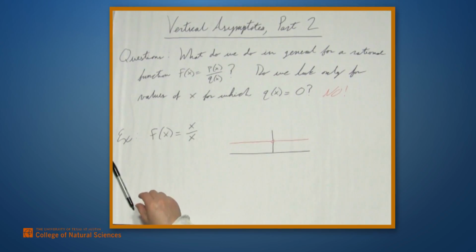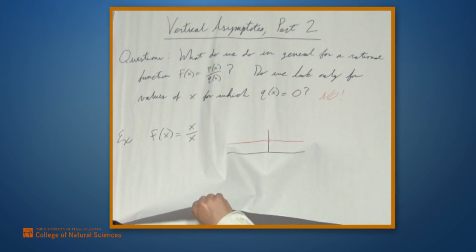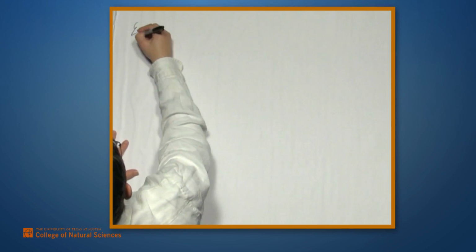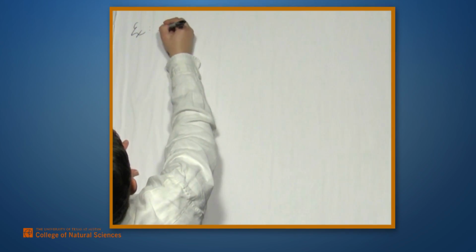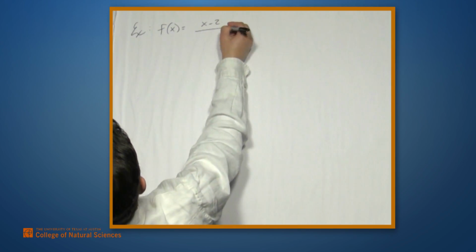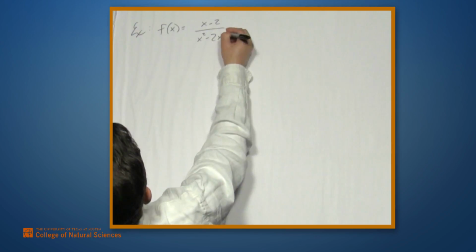Let's take a look at another example. Let's set f of x equal to x minus 2 over x squared minus 2x.